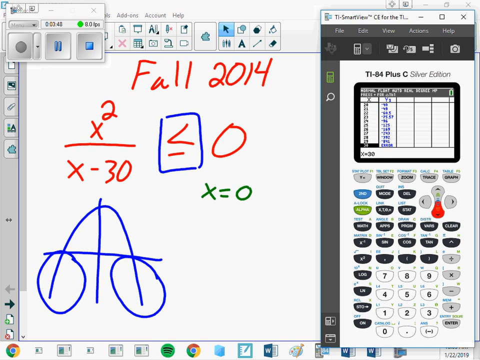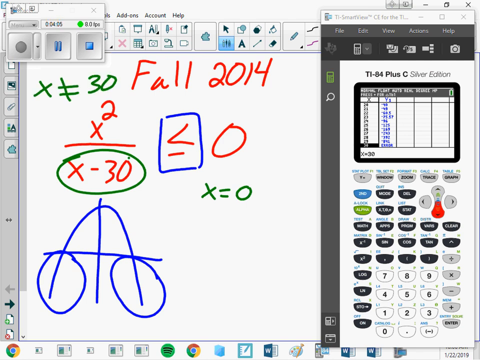Uh-oh, error. Why do I have an error at x equals 30? A domain restriction. So if we look here, I know that x is not allowed to be 30 because then the bottom is 0. What happens after that?